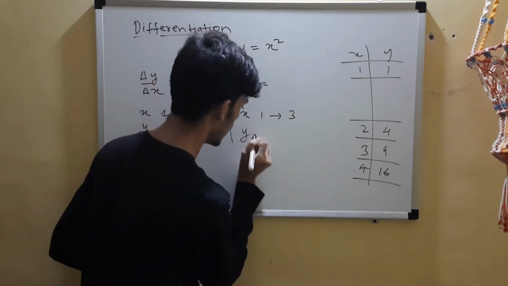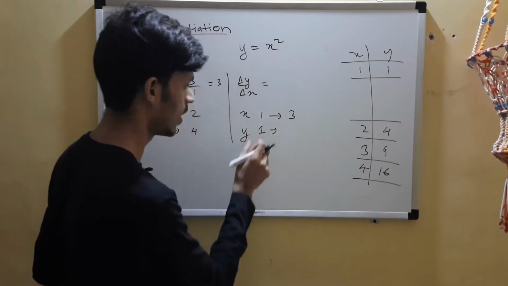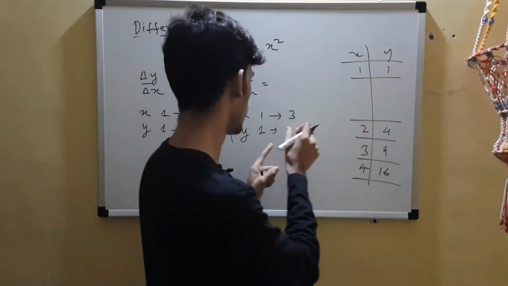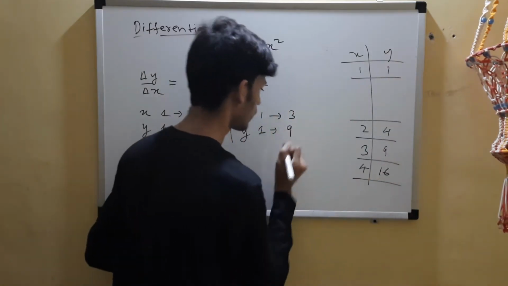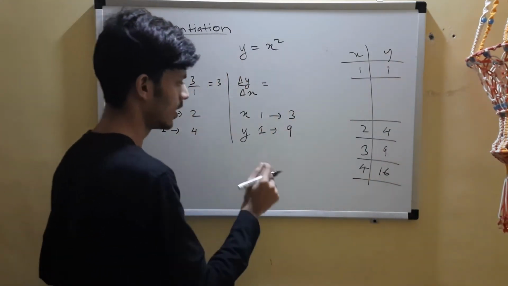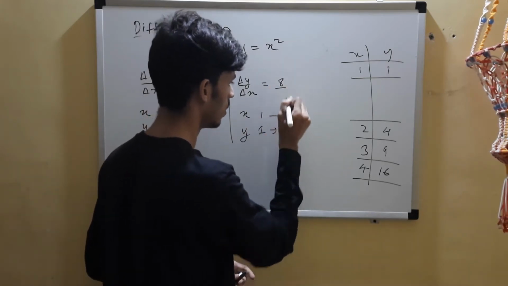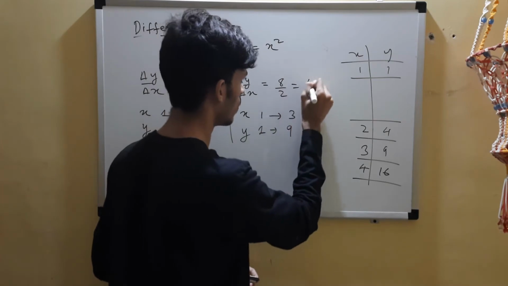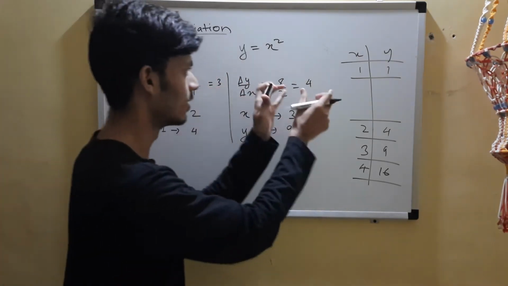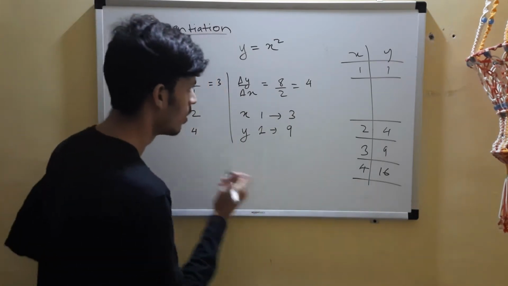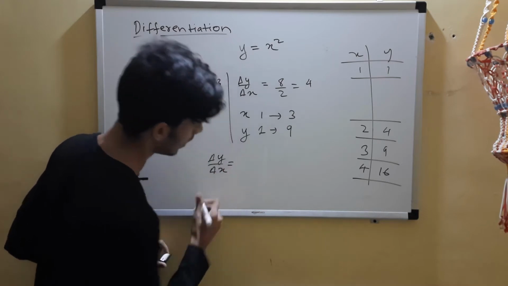Y changes from 1 to 9, so delta y is 9 minus 1, which is 8, and delta x is 3 minus 1, which is 2, so the rate is 4. Can you notice that the rate is also changing? Here it's 3, here it's 4, and going forward it will go on changing, increasing.